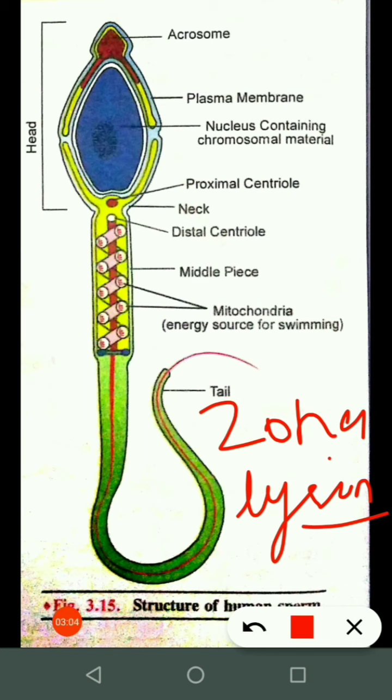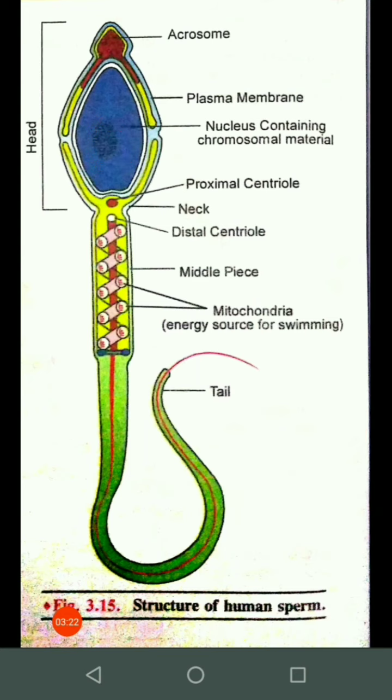So this zona lysine is responsible for breaking this zona pellucida, and ultimately the sperm enters the female ovum and releases its nuclear content. Clear? So this is the role of the head portion.